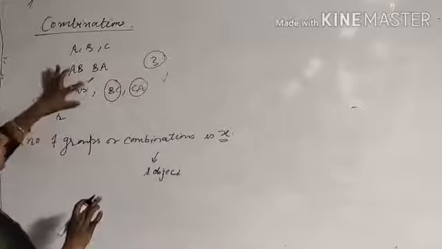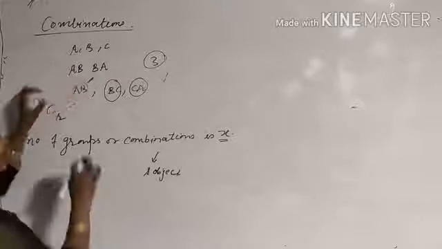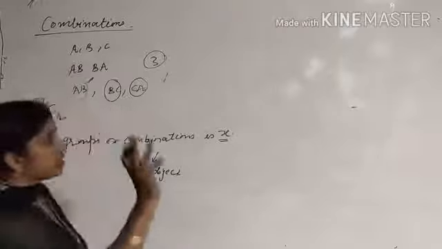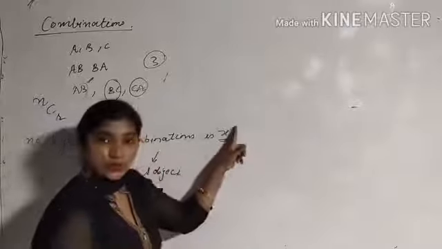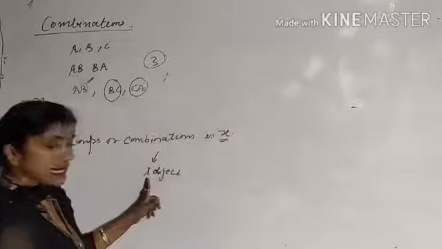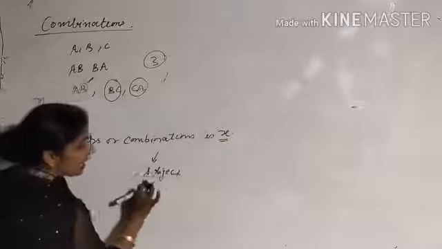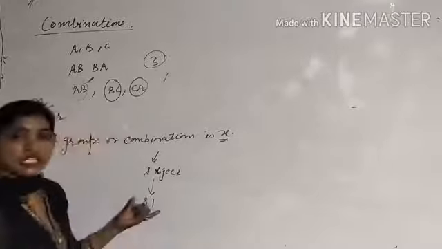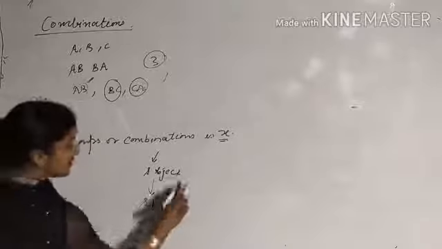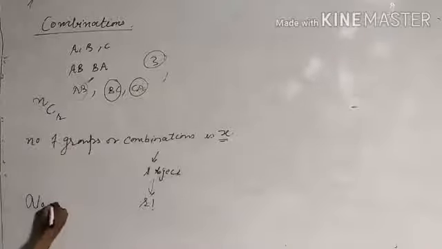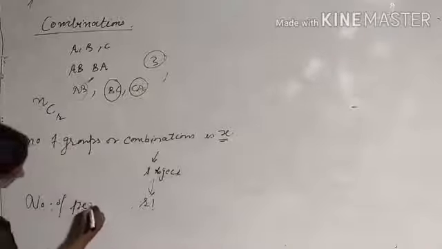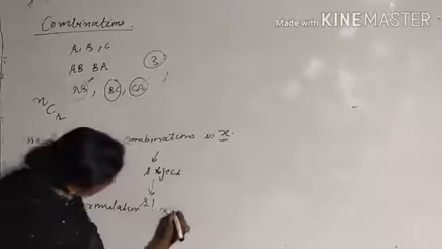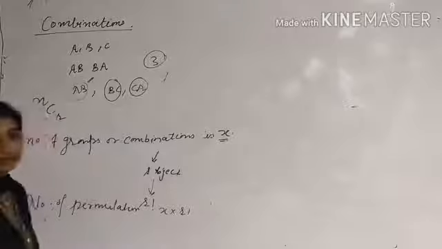Now each of these groups, as it has 2 objects, gives rise to 2 permutations. So each of these X groups contains R objects, and these R objects give rise to R factorial permutations. So the total number of permutations is X into R factorial.